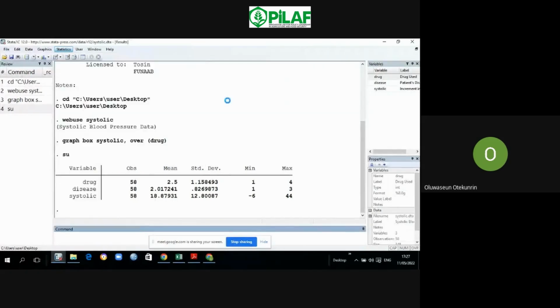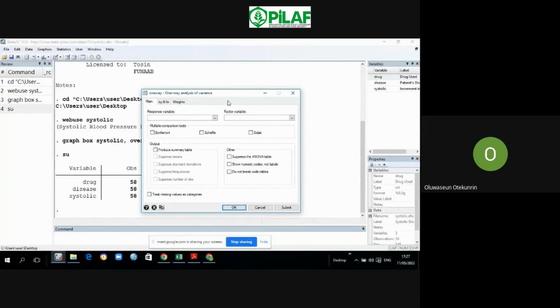So you click, and you see another window, one-way analysis of variance. I hope you are there.